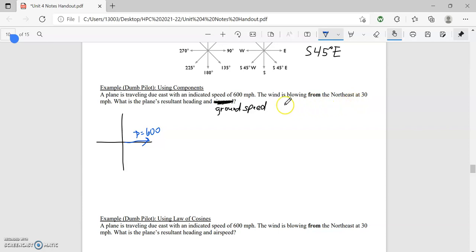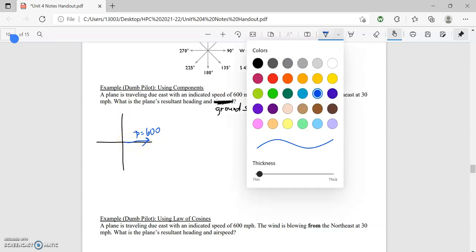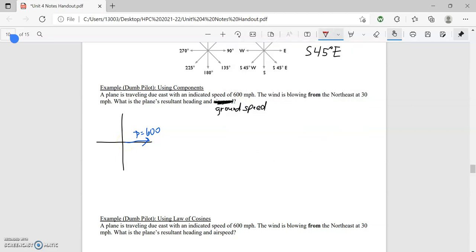Magnitude 600. The wind is blowing from the northeast at 30 miles an hour. So this is a great example. The wind is being blown from northeast. Well, northeast, they really do mean 45 degrees. There's north and there's east. So our vector is, first of all, red, and is going to point this direction because it's from the northeast. It is heading to the southwest. So our arrow points southwest, and the magnitude of that is 30.